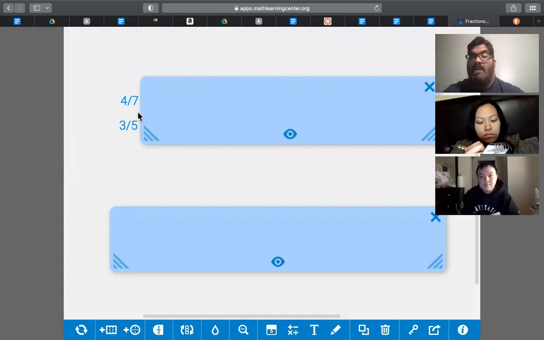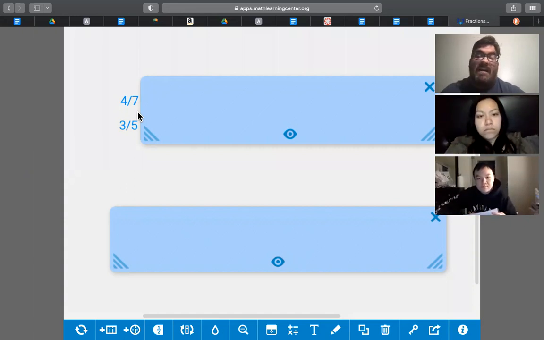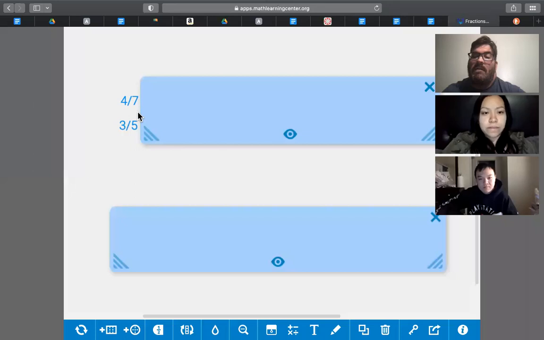Now if I was to ask you out of the gate, which one do you think is greater? Amy, which one do you think is greater? The 3/5. And why do you think that? Because the 3 is closer to the 5 than the 4 is to 7.